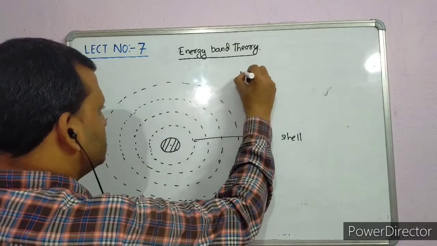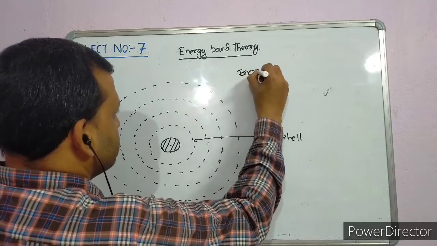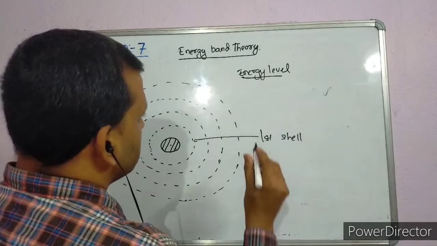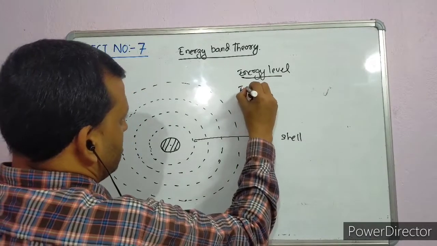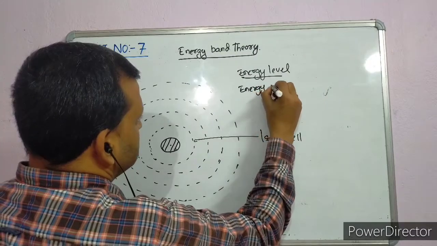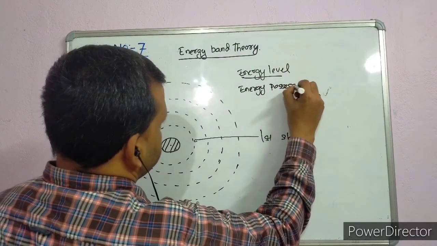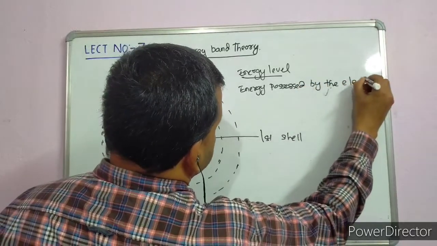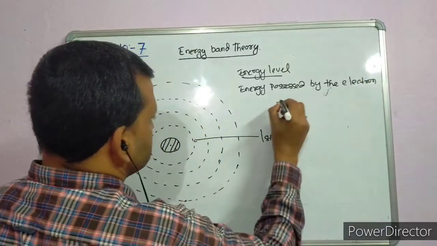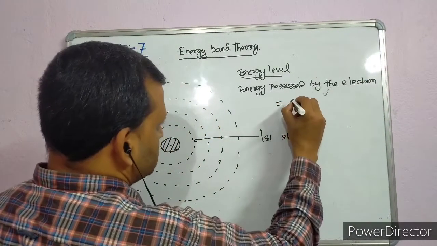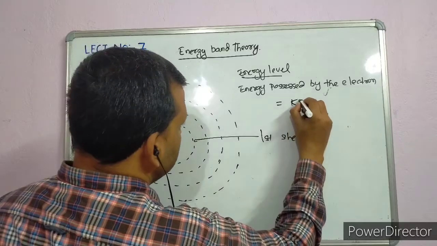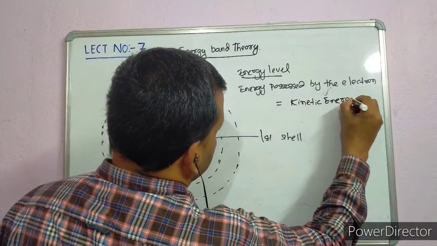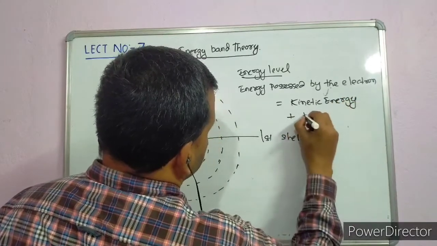We are studying energy level. The energy possessed by the electron is equal to the sum total of its potential energy and kinetic energy.